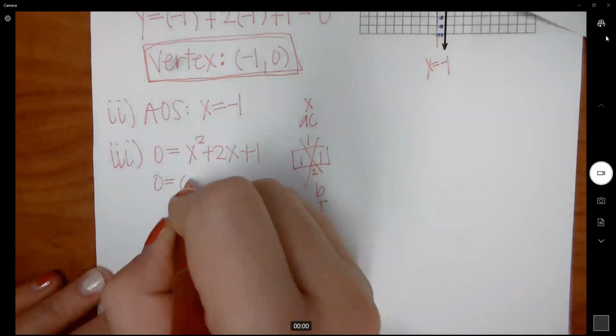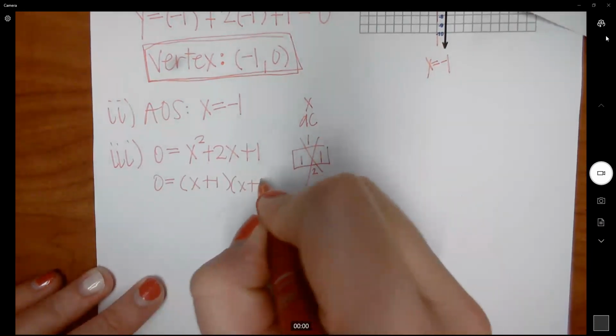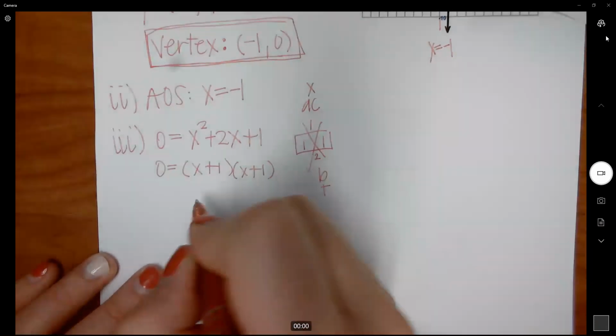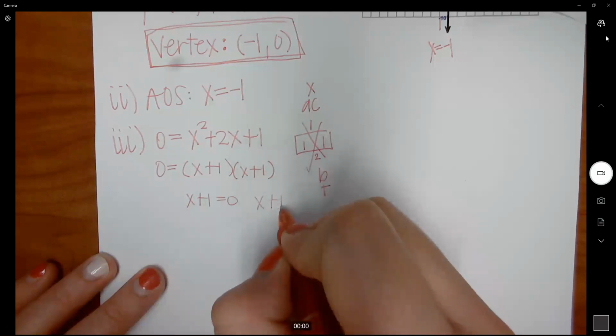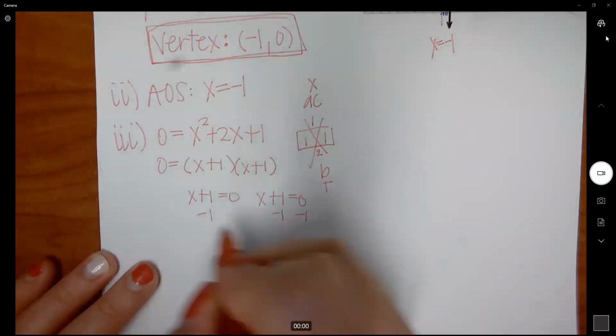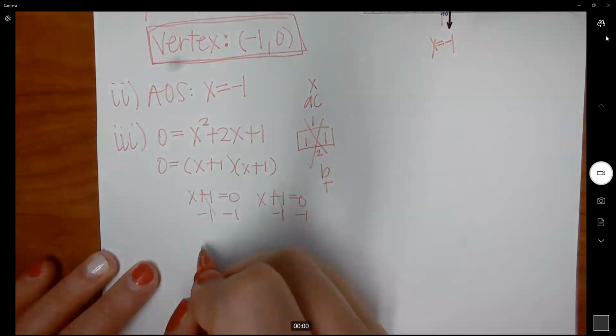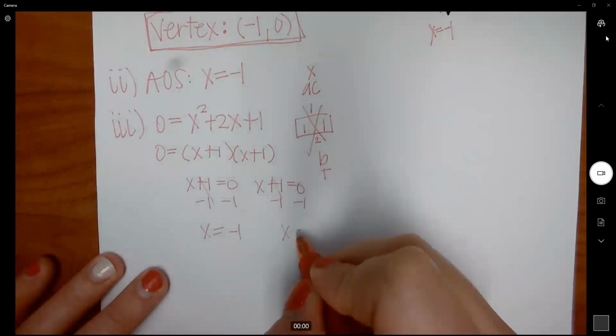So this factors to x plus 1, x plus 1. So when you set both of them equal to 0, you subtract 1, and you get both answers to be x equals -1.